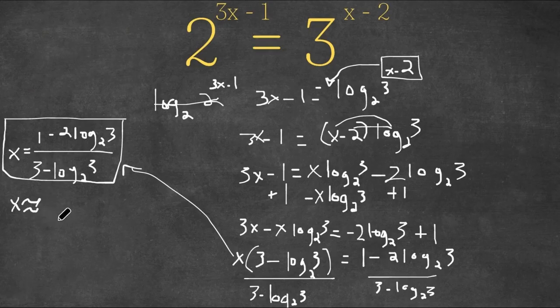So if I use my calculator here, I get negative 2.9446. And this is my approximated answer. So this is how you solve this exponential equation.